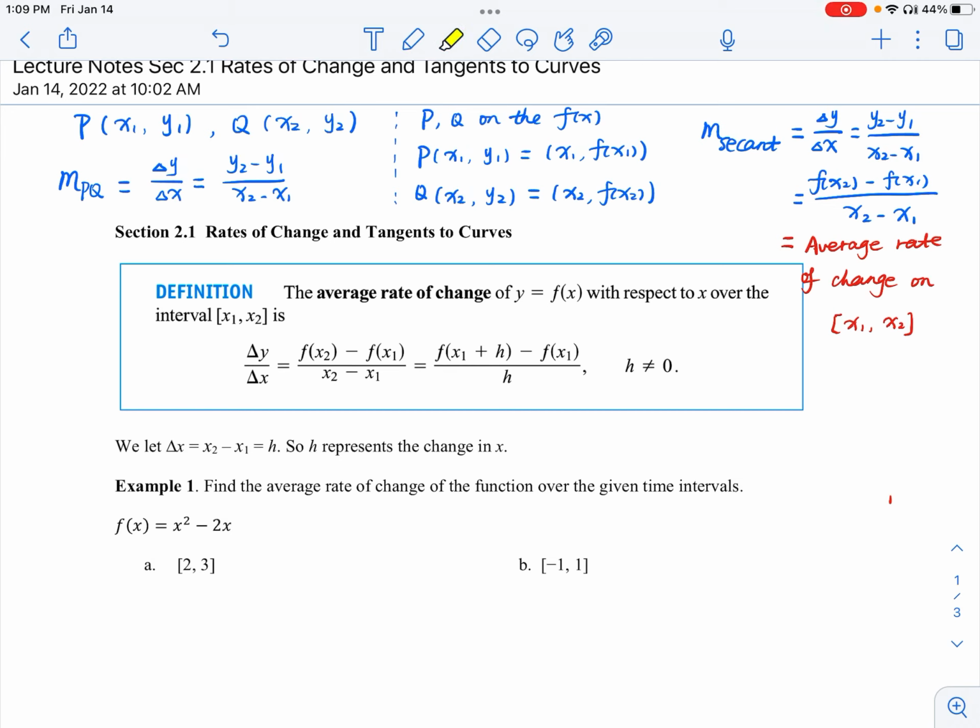Here's the definition. Average rate of change is f(x2) minus f(x1) divided by x2 minus x1. Over here, if we let the change in x, delta x, x2 minus x1, equal h, in this case we can write x2 equal to x1 plus h.